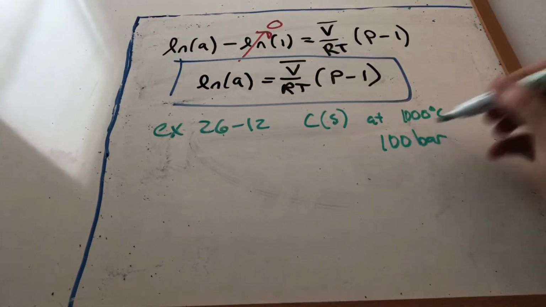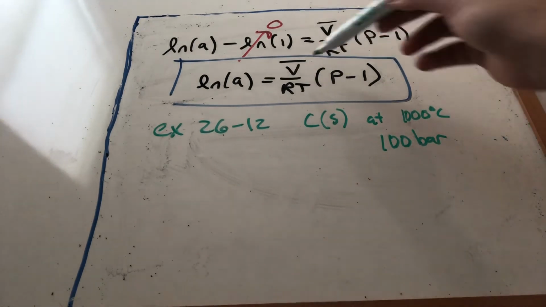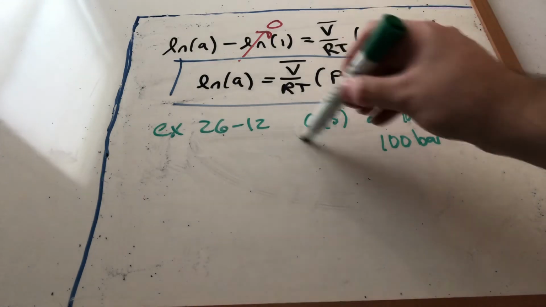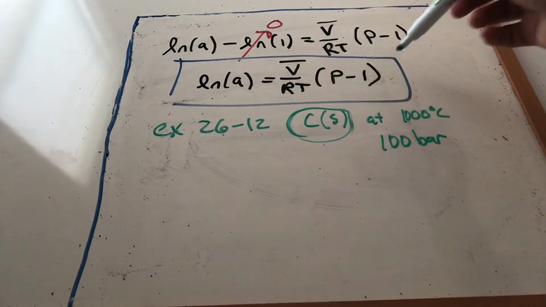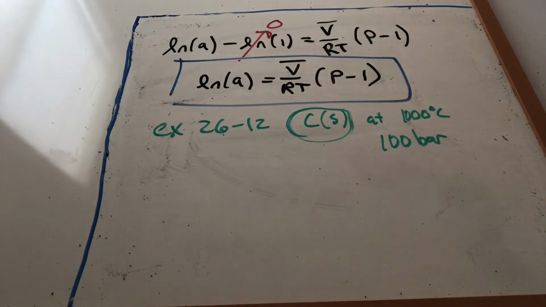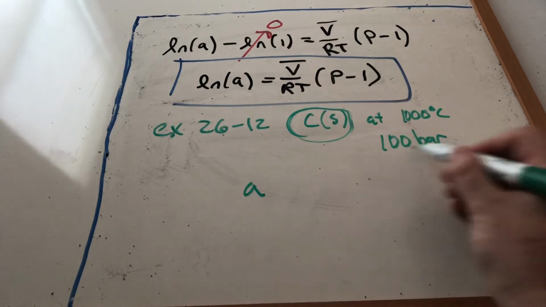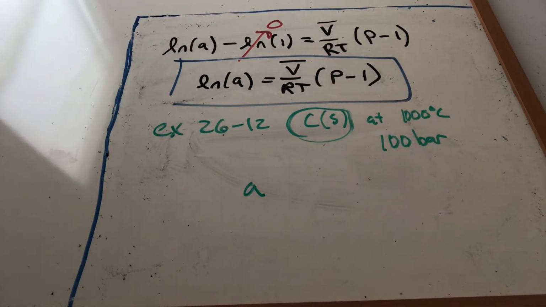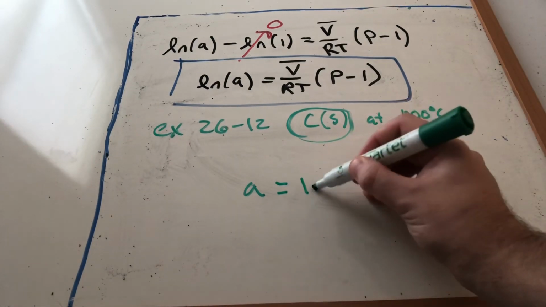Now 100 bar, that's a lot of pressure. They take the temperature, they throw it in there, they look up a molar volume for this substance, and they throw it in there. They now know that this is like 99 bar. They pay attention to units on this side. And what they get, even at 100 times standard pressure, is an activity of 1.01.